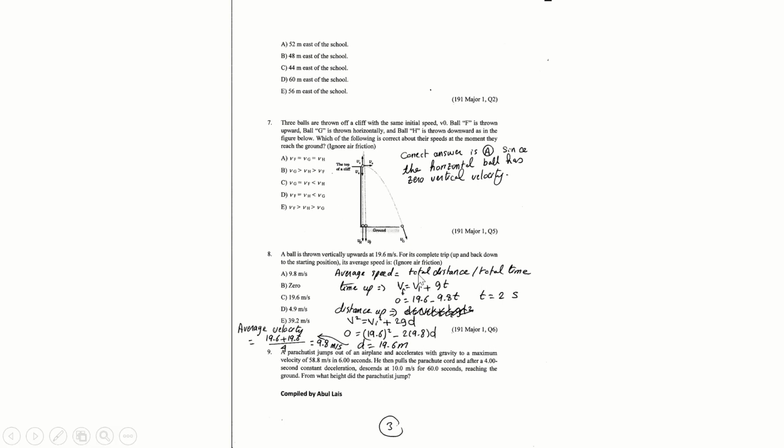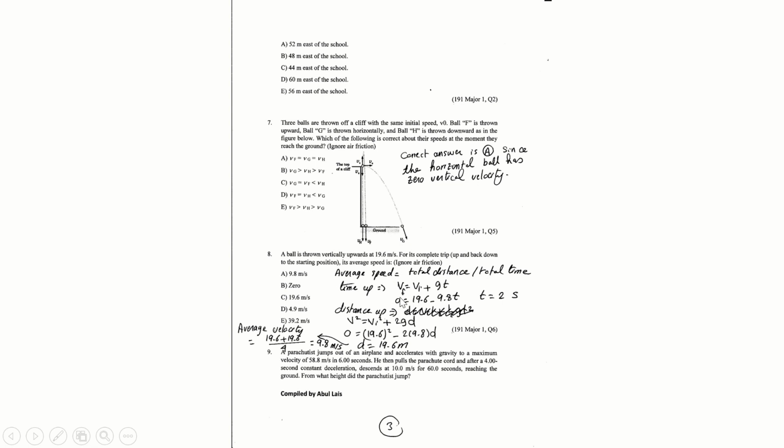Okay, now let's move on to the next problem, which says that a ball thrown vertically upward at 19.6 meters per second, for its complete trip up and down, or up and back down to the starting position, its average speed is what? So if you want to find the average speed, it's the total distance divided by the total time.